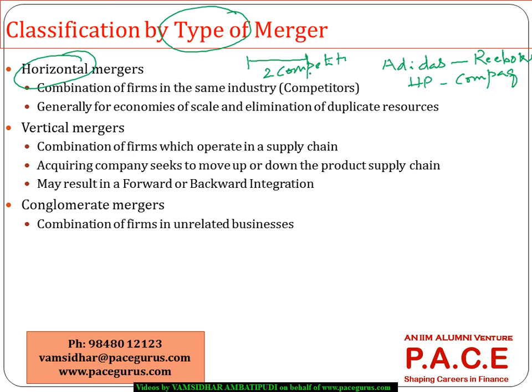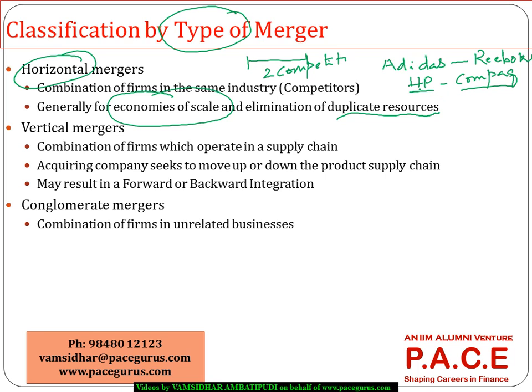So whenever the merger is between two competing firms in the same industry, primarily for the purpose of economies of scale, increasing the market power, or in some cases eliminating the duplicate resources, probably the R&D team of this and the R&D team of this, both of them researching on the same aspect.